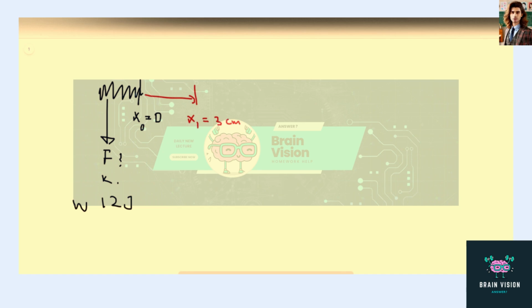You change that to meters, so multiply by 1 meter over 100 unit conversions, and this becomes 0.03 meters. That's how much you stretch the spring. It's going to stretch in the positive right direction, so this side is positive and this side is negative. That's going to affect the outcome of the problem.